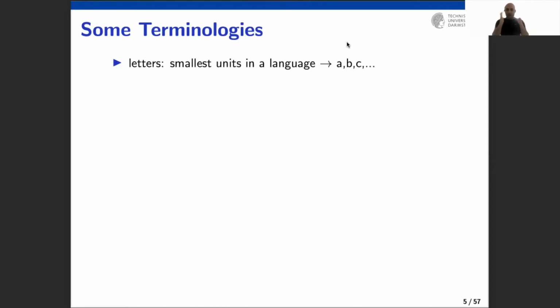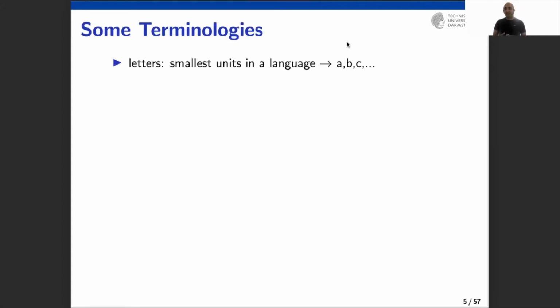So now we focus on different linguistic aspects of a piece of text, and we will see how we can look at them as sources of information. In order to do this, we need to talk about some terminologies.